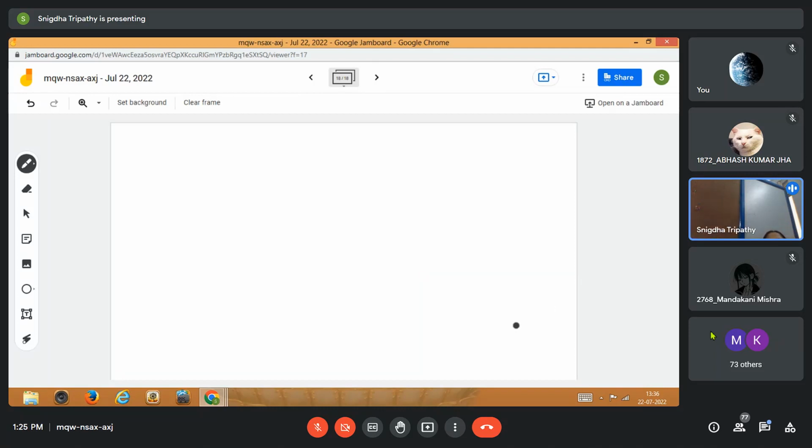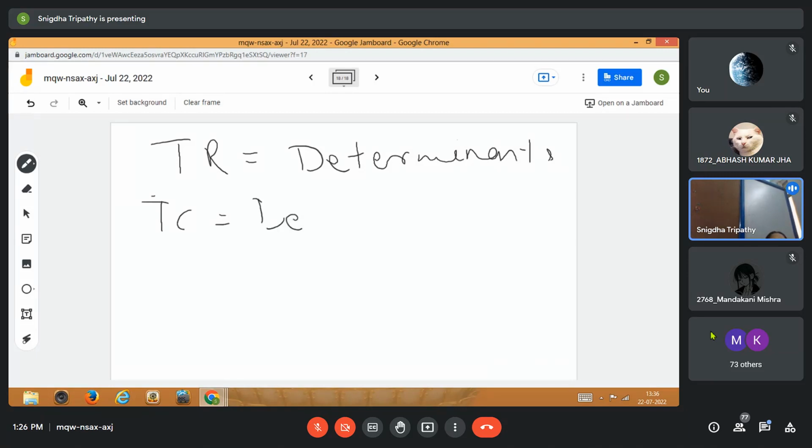conditions. Now let us understand what a rational producer needs to know: the components, the factors, the determinants of the revenue function, and the determinants of the cost function.